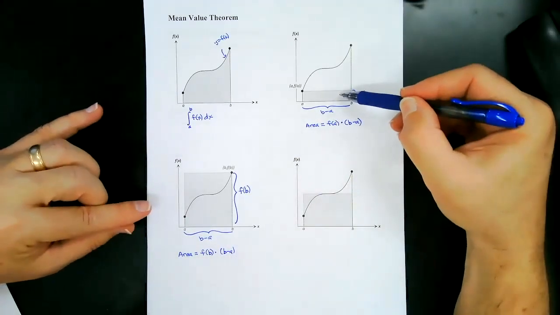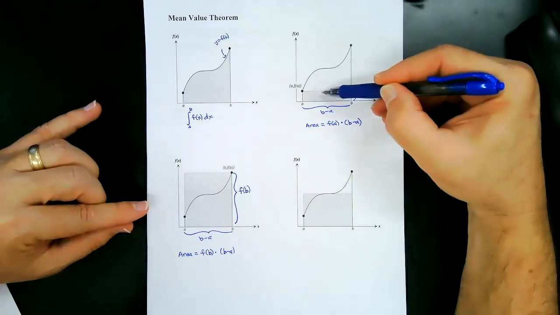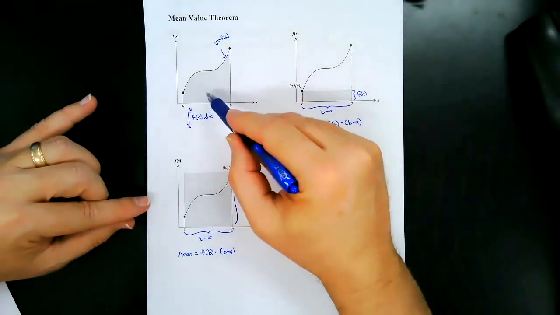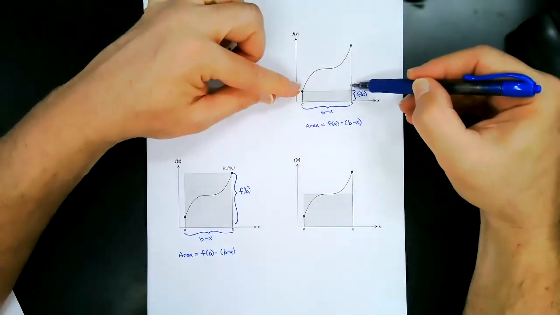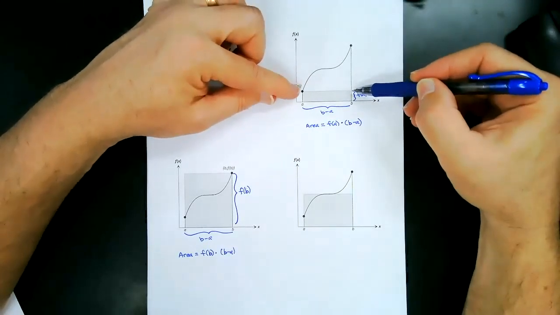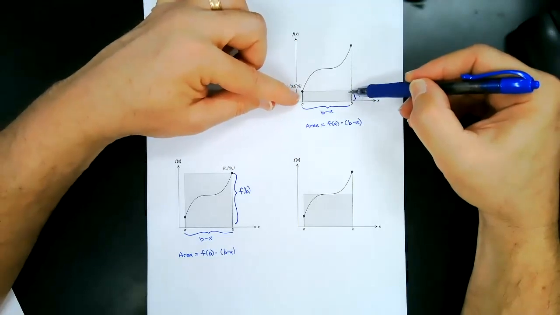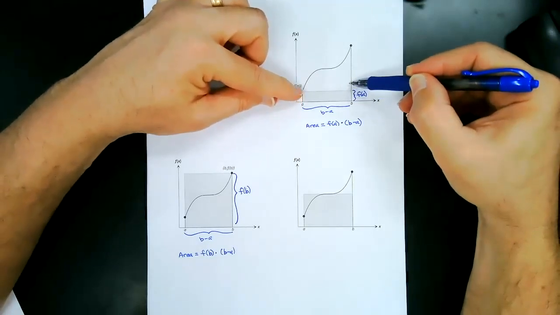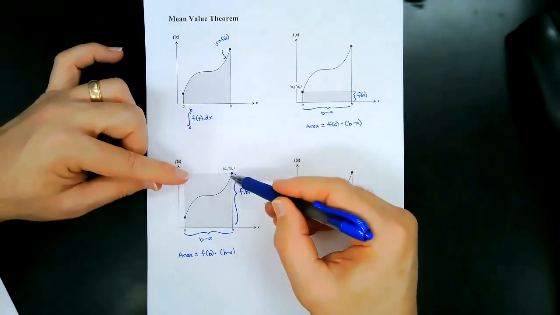So what I know is this rectangle here is smaller than this one, because this is only this part of it. If I raise this rectangle up, and usually I have an animation to show you guys, but it's really hard doing this distance learning, if I come all the way up to this point right here, it's too much.